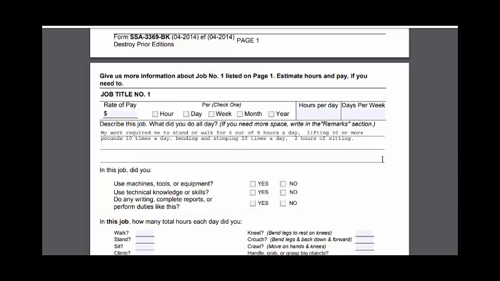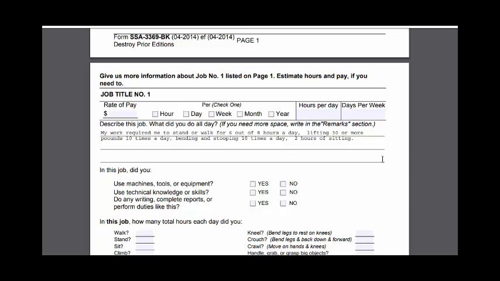The answer that I put in here is: my work requires me to stand or walk 6 out of the 8 hours a day, 6 out of 8 hours. I need to lift 30 or more pounds 10 times a day, bending and stooping 10 times a day, and 2 hours of sitting. So again, what we've done here is describe your work, what you do on the job.